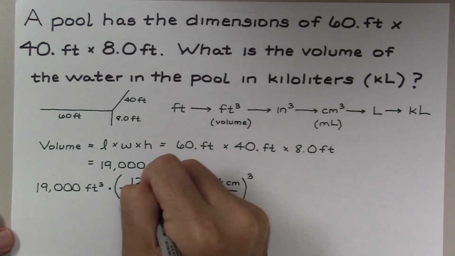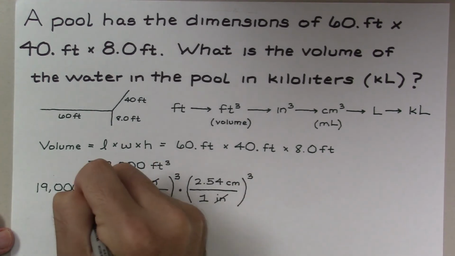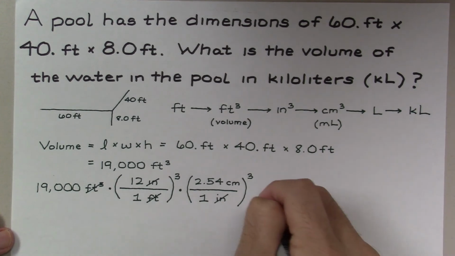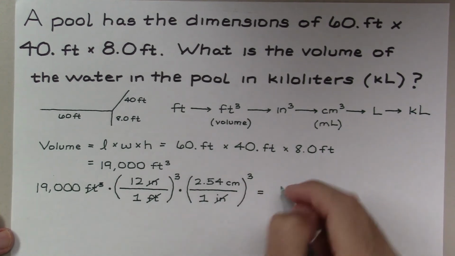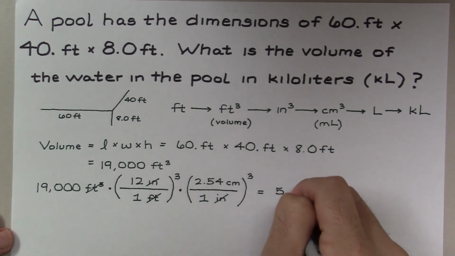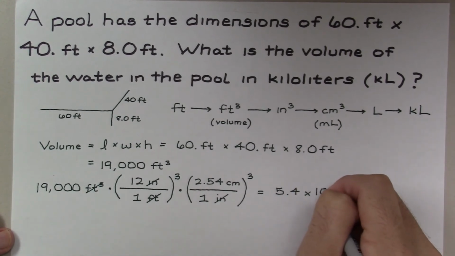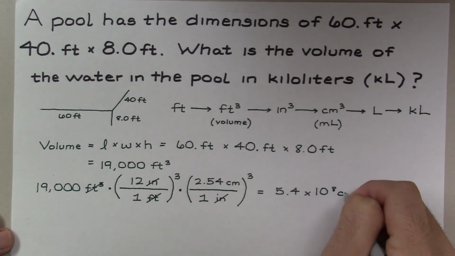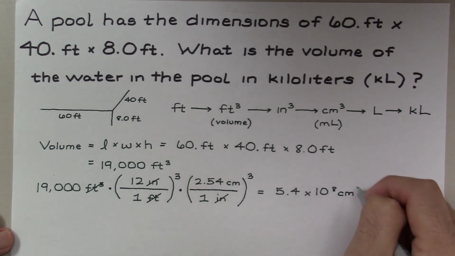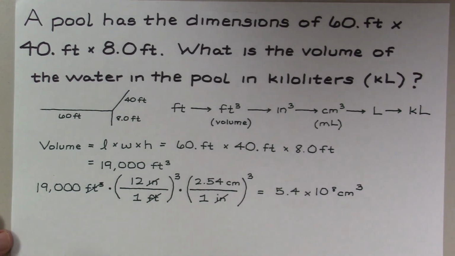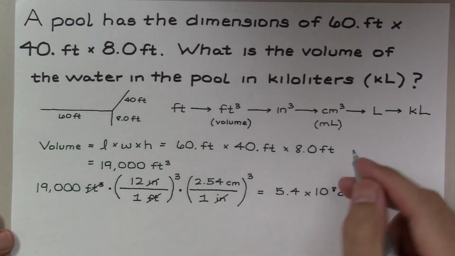This will allow me to cancel out my cubic inches as well as my cubic feet from before. So what I would need to do is multiply the 19,000 by 12 cubed and 2.54 cubed, and this will give us an answer of 5.4 times 10 to the 8th cubic centimeters.